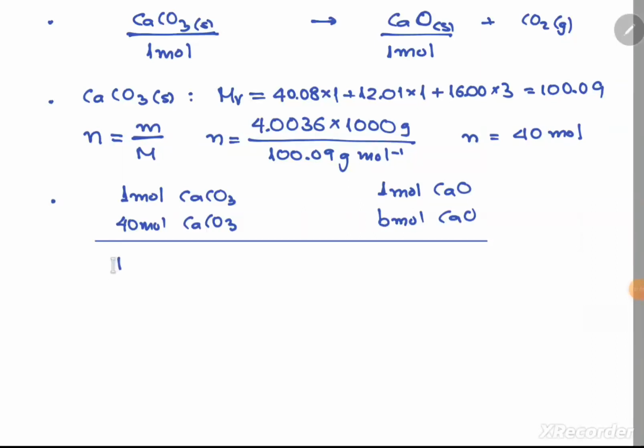We solve the ratio, and we find 40 mole calcium oxide. The next stoichiometric calculation is based on the amount of calcium oxide, the common compound. The second equation.